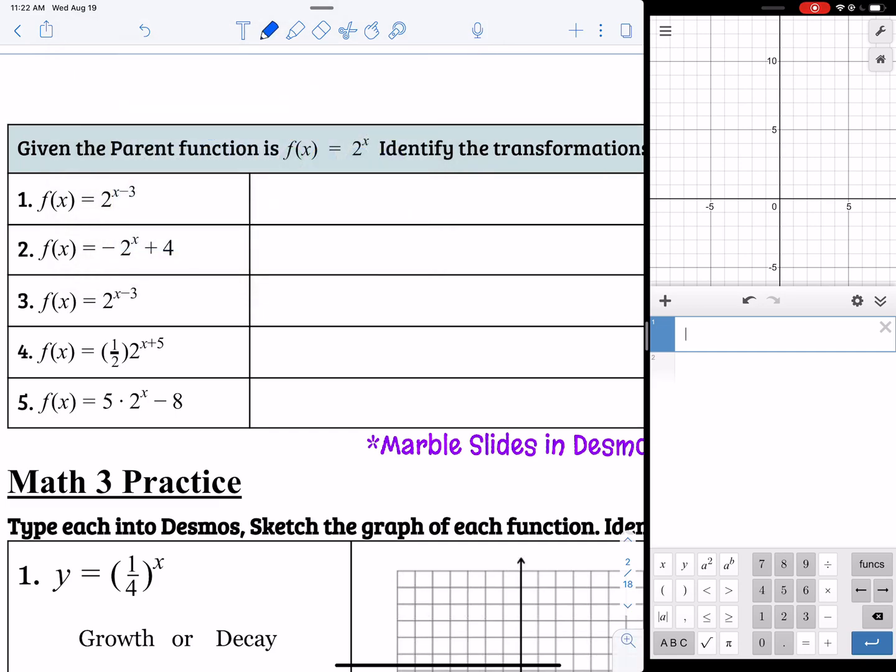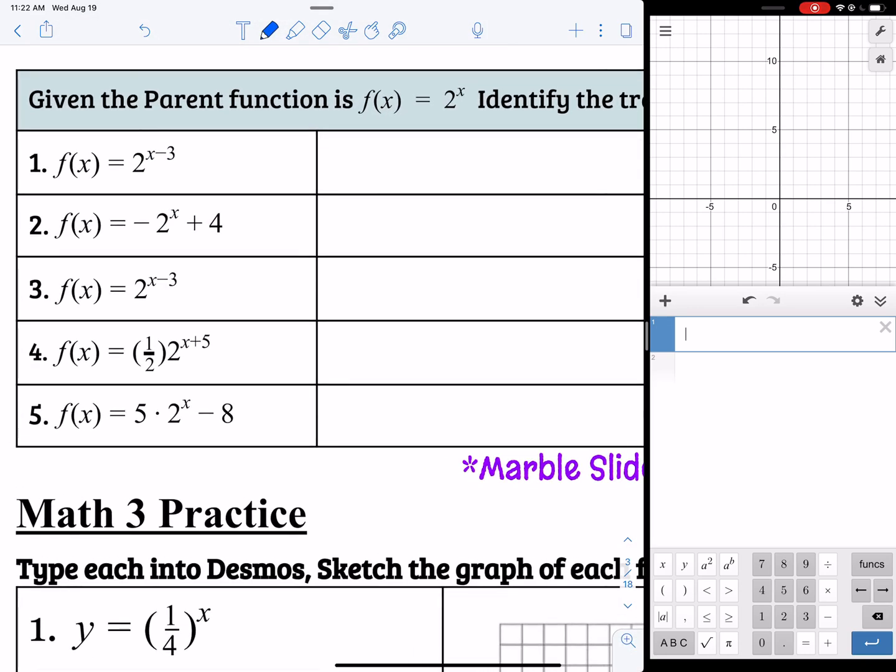All right, so in number 1, we have f of x equals 2 to the x minus 3 power. Notice they've stated in the directions that the parent function is f of x equals 2 to the x. And so those are the parts that stay the same in each of these problems. What we're looking for is what else is happening. So we're not worried about the 2, we're not worried about the exponent of x. We're worried about what else is going on.